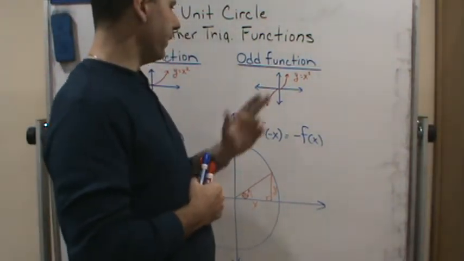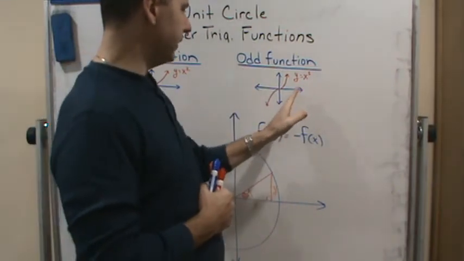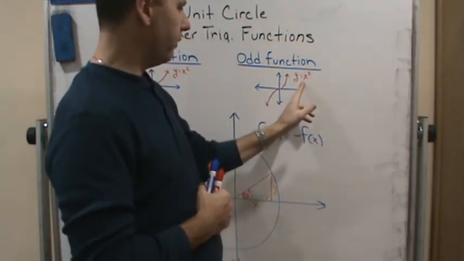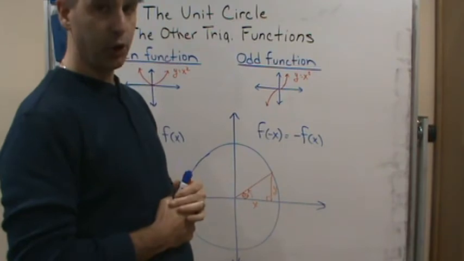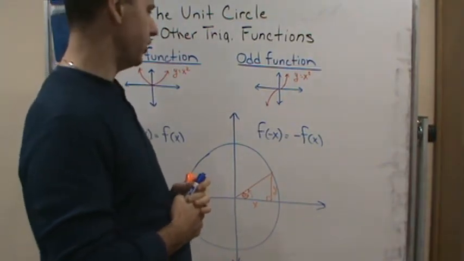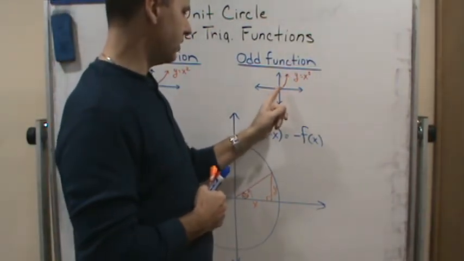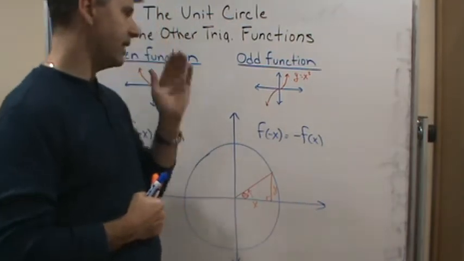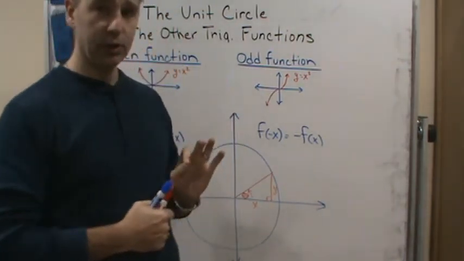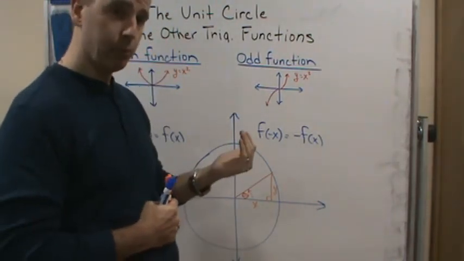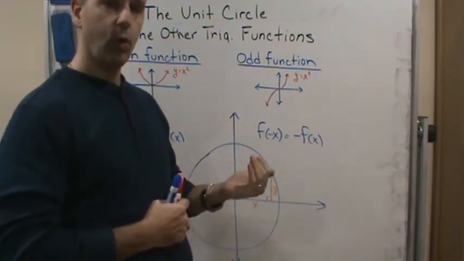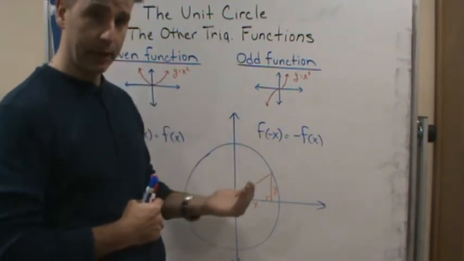Now, with odd functions, we have something like this, okay? Where we have, for example, x cubed, right? y equals x cubed, which has this kind of shape to it. Now, this is an odd function, and odd functions are what we call symmetric about the origin, or with respect to the origin.